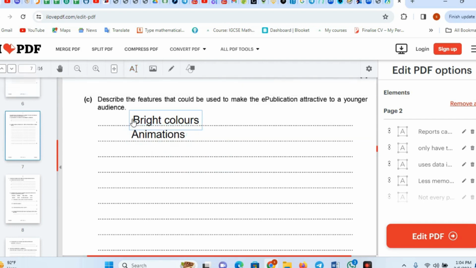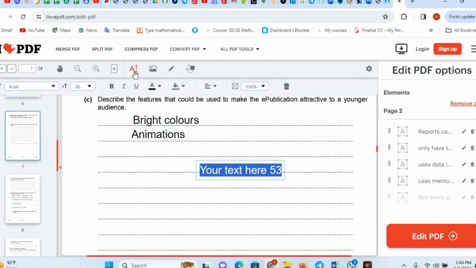Another thing that you can do to attract a younger audience is to put sounds and sound effects.